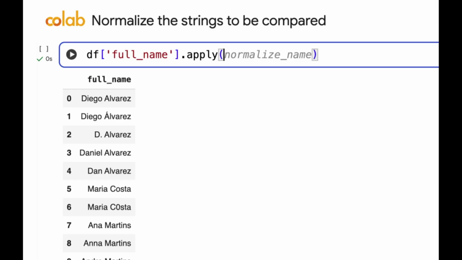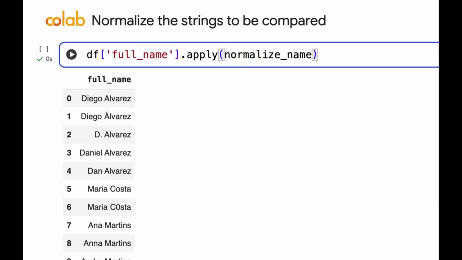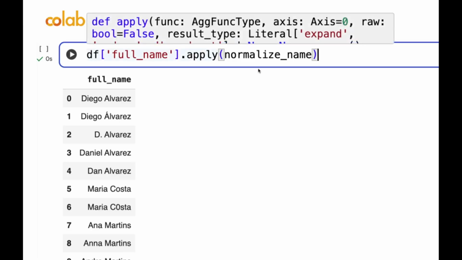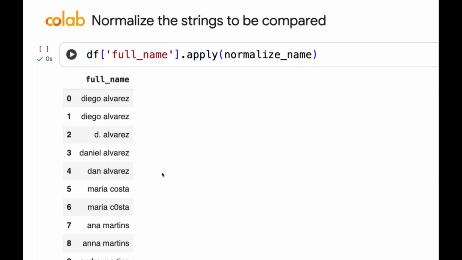So apply, and then inside this apply function I provide the function name I want to apply, which is normalize name, exactly the same function I defined just a few moments ago. So it takes the column and applies the normalize name function on it to get the normalized values. Let's run it, and we see that now all those names are normalized.